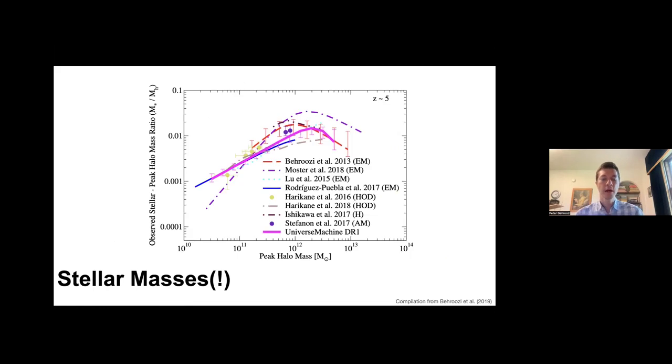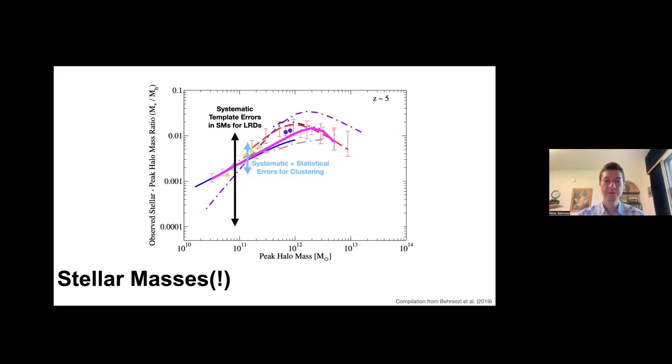Another fun thing is that not only can you get halo masses, but you also might be able to get better stellar masses too. For some classes of objects, you might have very large uncertainties in stellar masses. The classical example of that is little red dots.